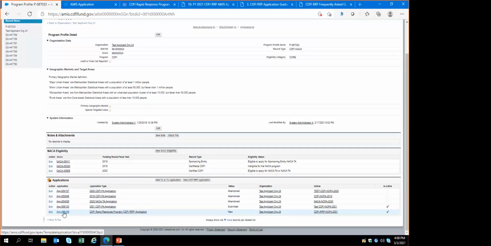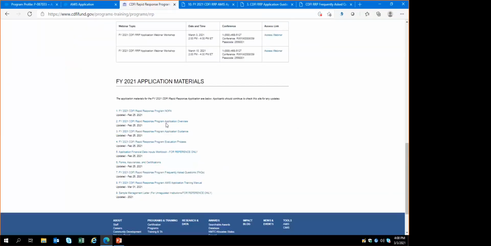If you're able to click that link and you can't access the application, please go ahead and submit that service request. It sounds like you may have already done that, and we'll follow up and troubleshoot and give you any assistance necessary. And like Amber also gave a plug to, you can also check out this application training manual on the RRP website in the meantime. It may be able to give you some assistance on how to find that application again.